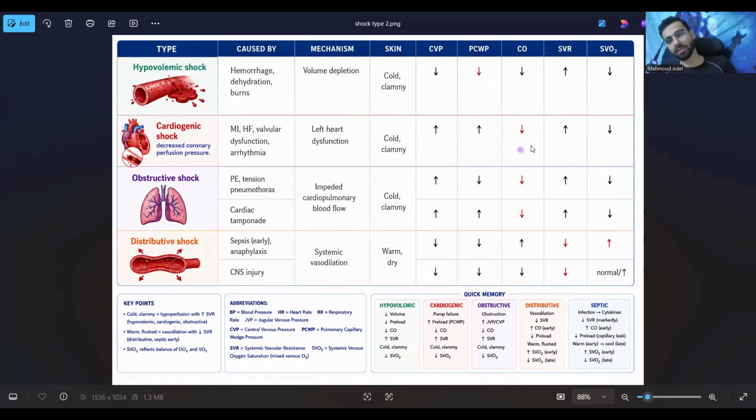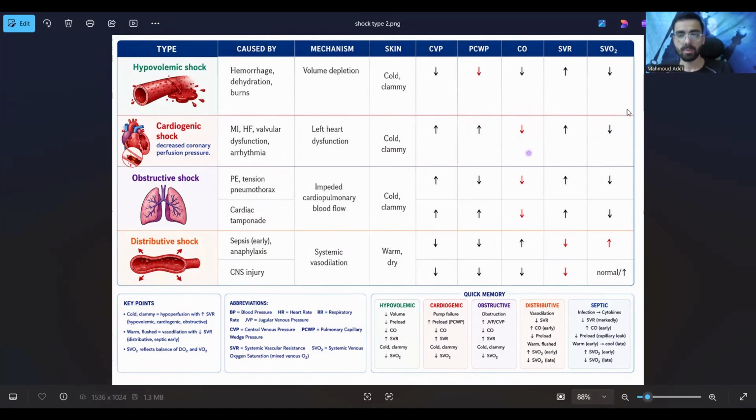And the cardiac output will be low, the systemic vascular resistance will be high as a compensation for the low cardiac output, okay? The low cardiac output makes the body activate the sympathetic nervous system, which causes vasoconstriction and high systemic vascular resistance, okay? The O2 saturation is low.